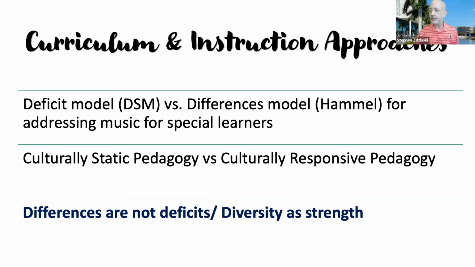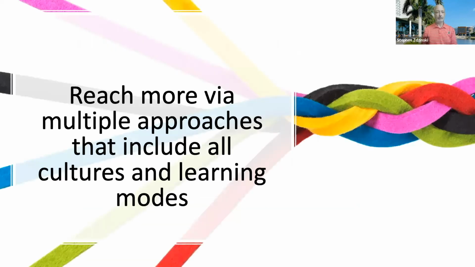So the differences that we encounter, both learning differences and cultural differences, are not deficits. So we're morphing from a deficit model to a differences model. And we see diversity as now a strength rather than something we have to fix. We can reach more people with these multiple approaches if we use all the learning modes that are available and all the cultures that are in our classes.